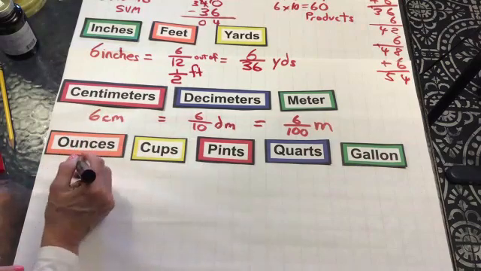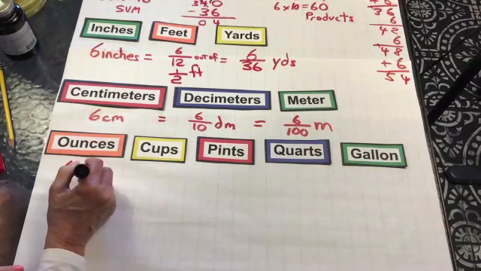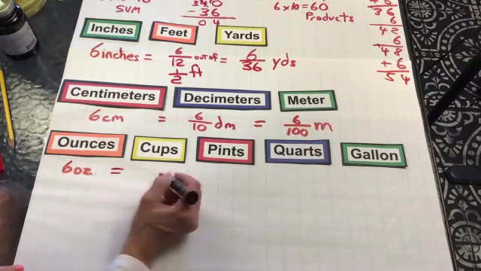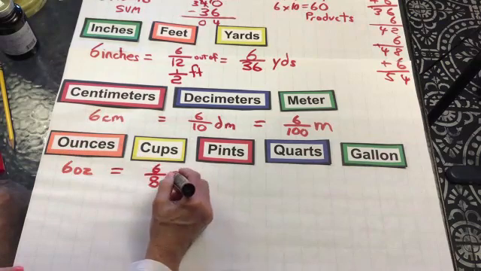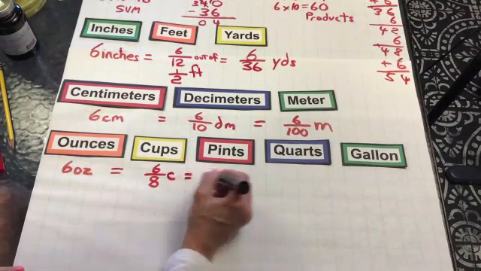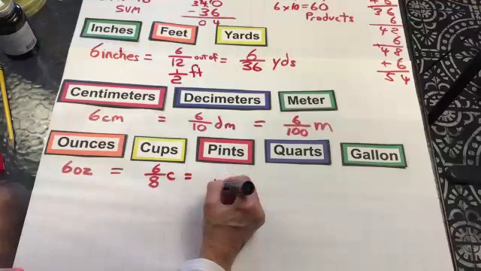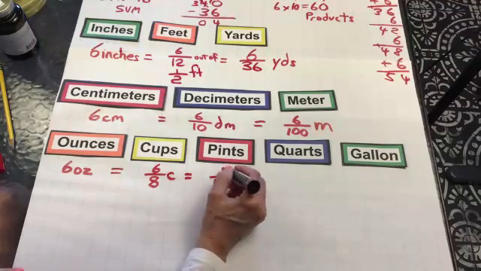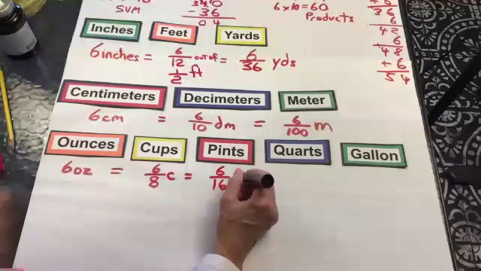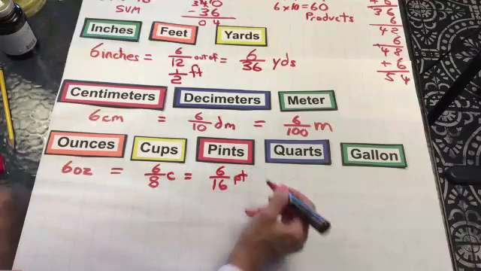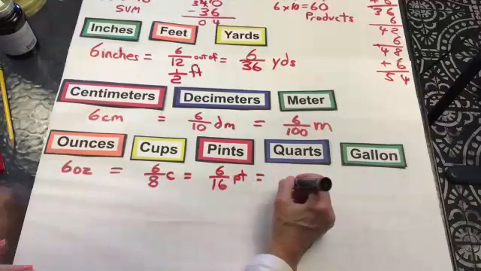So we have ounces, 6 ounces, and it takes 8 ounces to make a cup. So we have 6 out of the 8. We don't have a full cup yet. And it takes 16 ounces to make a pint. We don't have enough of that, but we have partial of a pint. And it takes 32 ounces to make a quart.